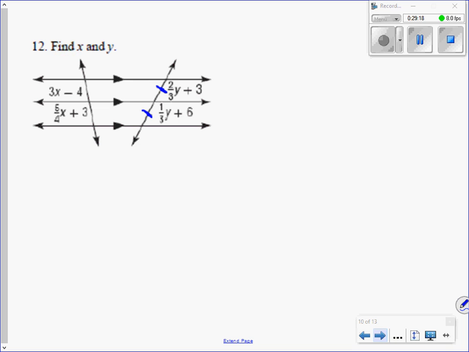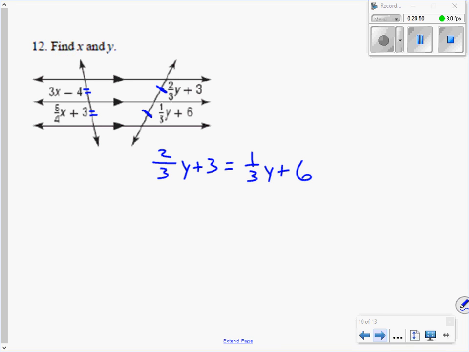They only have y's. So we can just set those two expressions equal to each other in an equation and solve for y. And if these two are congruent, so are these. Not necessarily to those, but to each other.